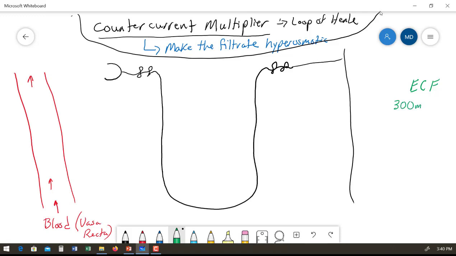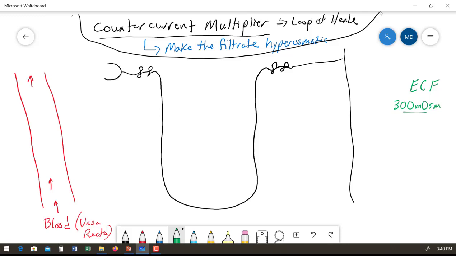So 300 milliosmoles would be the normal osmolarity for extracellular fluid. In other words, there's about 300 milliosmoles of stuff in that extracellular fluid water. That stuff includes things like sodium, potassium. So there are a number of things that actually make up this 300 milliosmoles: sodium, potassium, chloride, glucose. There's a bunch of things.